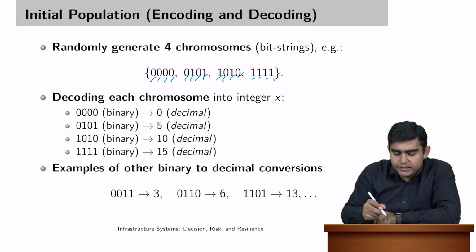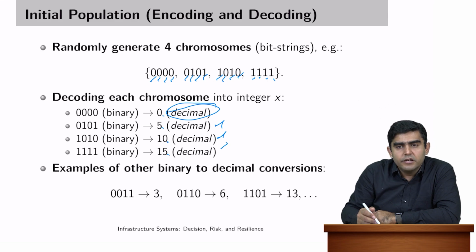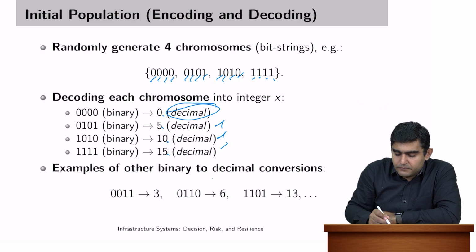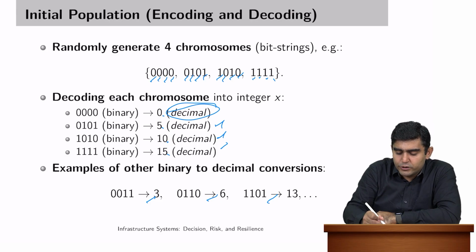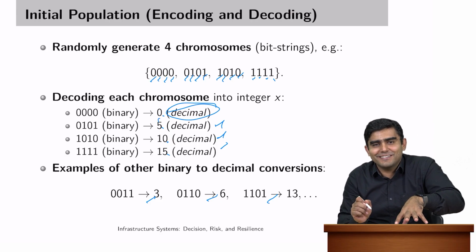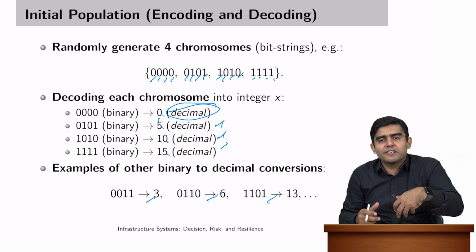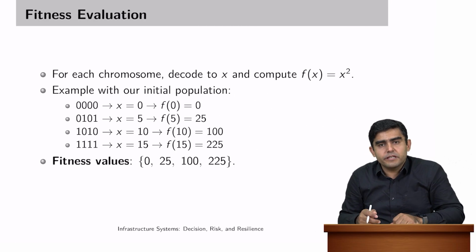The moment I generate them, I map them back to the original decimal values, which come out to be 0, 5, 10, and 15. And you can also have other numbers sandwiched between them. We will also see that later. That really doesn't matter. It just happens that all these 4 numbers are at an interval of 5, but there is no systematic thinking here. It's just that I generated these 4 numbers and mapped them back to decimal values.